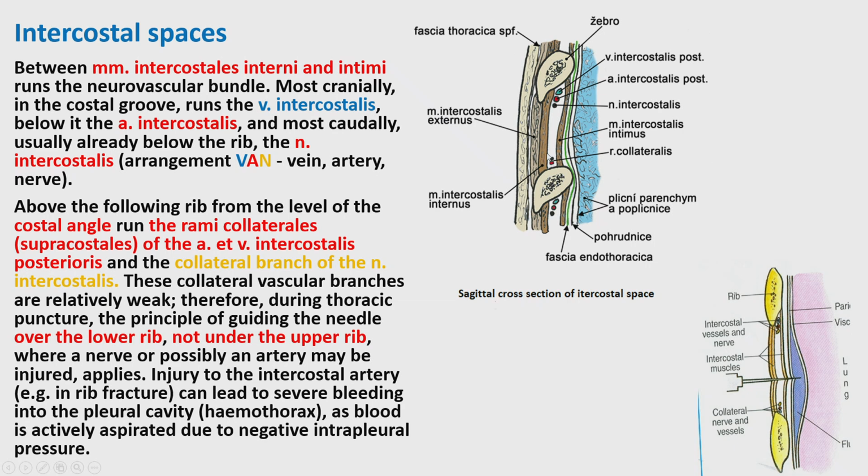It goes obliquely, like this, and penetrates. So never do the puncture through the chest wall below the rib, where the intercostal neurovascular structures are located, mainly the nerve, which is immediately under the groove.